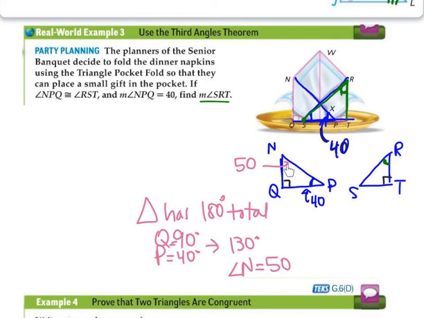So if we know angle N is 50, looking at SRT, R also has to be 50, because remember, T corresponds with Q, P corresponds with S, so P and S would both be 40, which makes, by our third angles theorem, R equal 50 degrees. So the measure of angle SRT equals 50 degrees.